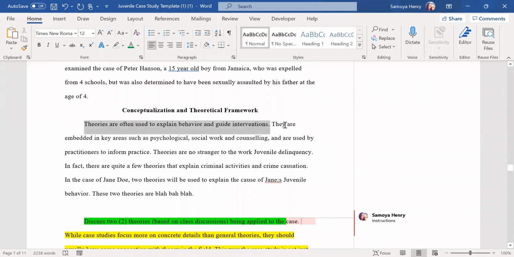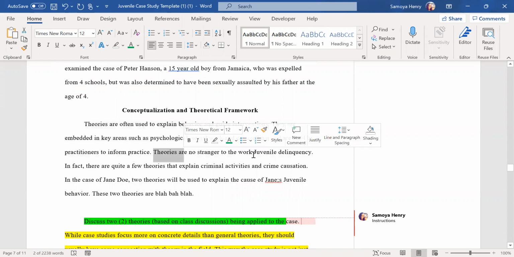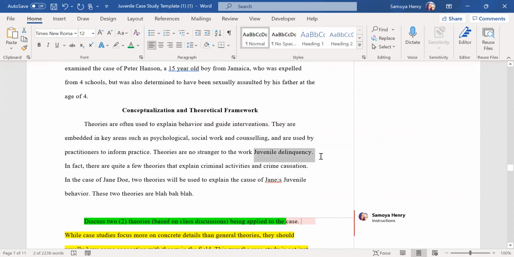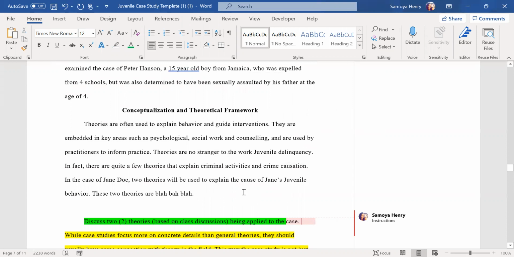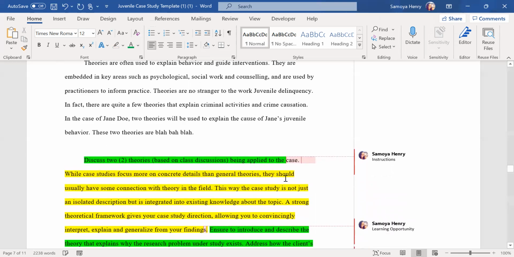I started off with a little overview of theories, right? I linked the theories back to our course, juvenile delinquency. I linked the theory to criminal or delinquent behavior, and I linked it now, getting ready to talk about Jane. Right?